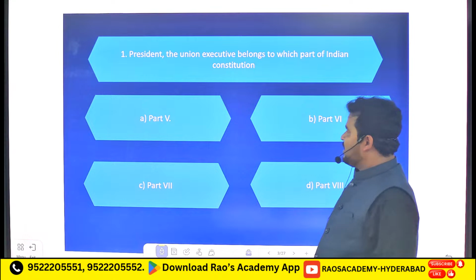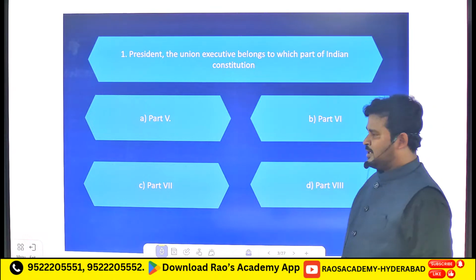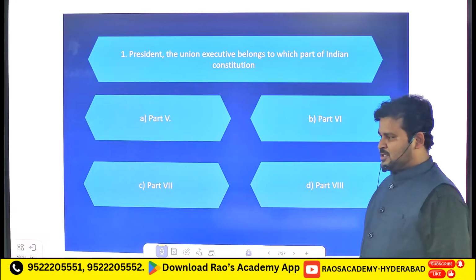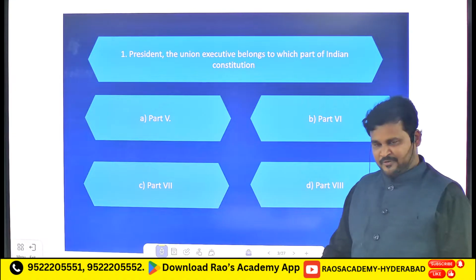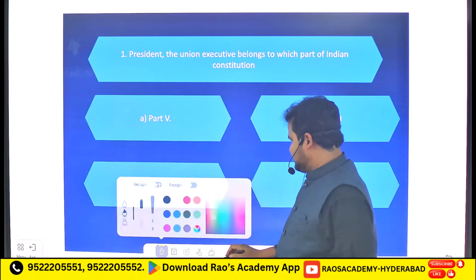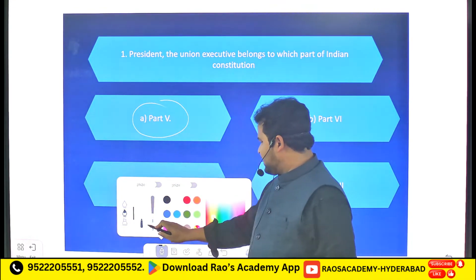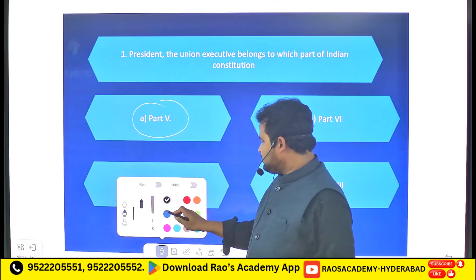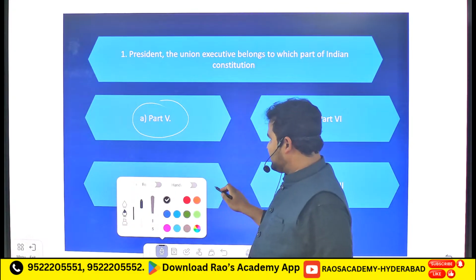Let us go ahead. The question is: the President, the Union Executive, belongs to which part of the Indian Constitution? Most of the students have given the answer as A, Part 5. Definitely A is the right answer, because in our Indian Constitution we have 25 parts.